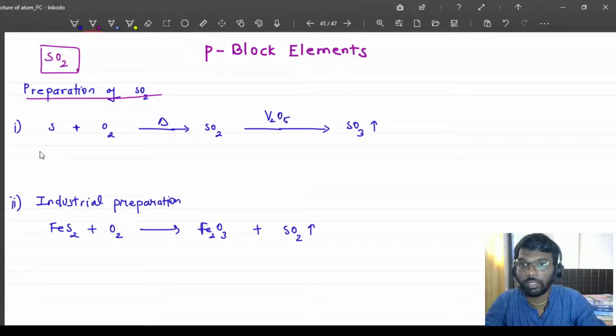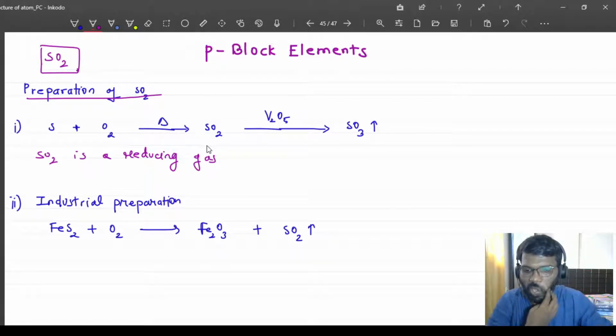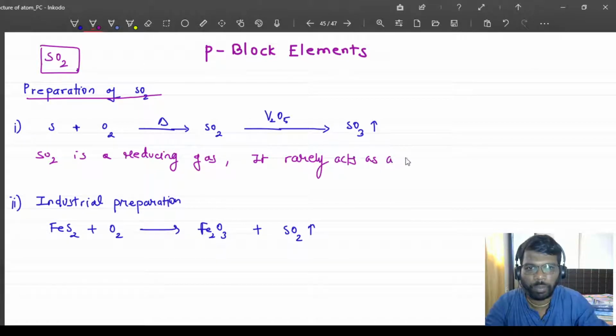Now over here, sulfur dioxide is a reducing gas. It rarely acts as an oxidizing agent.